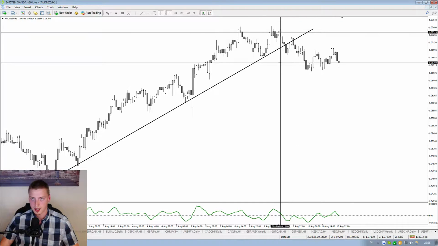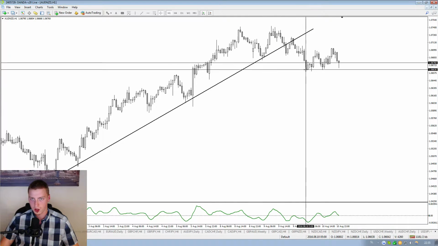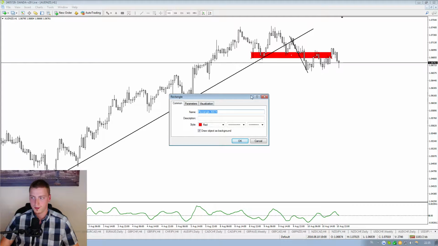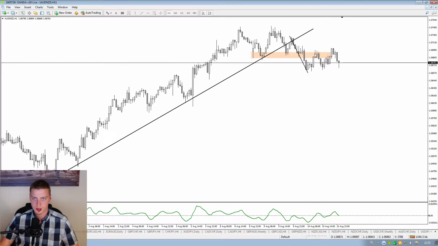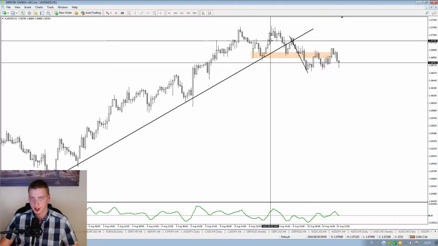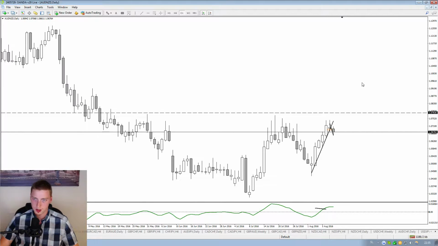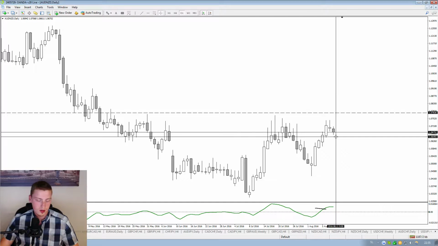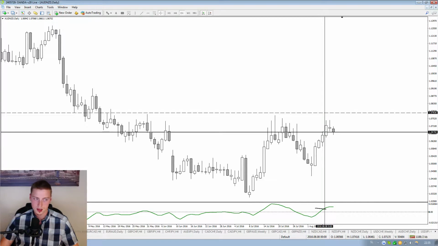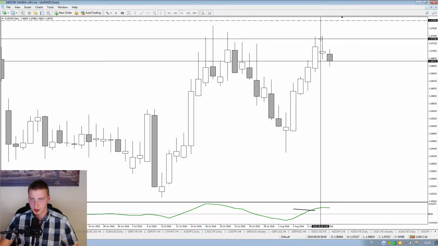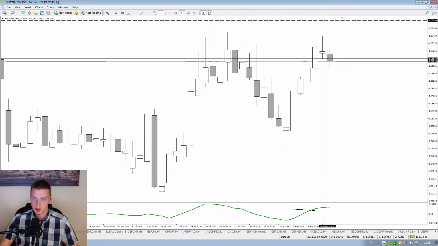So this high is lower than this one, and after that we've got a lower low, breaking this support.